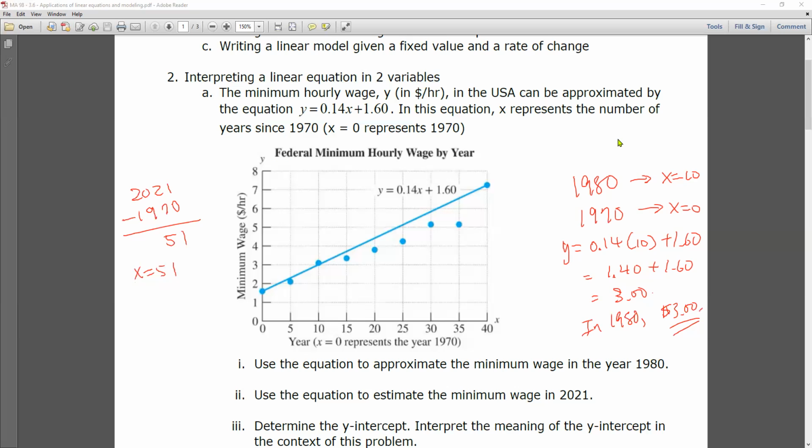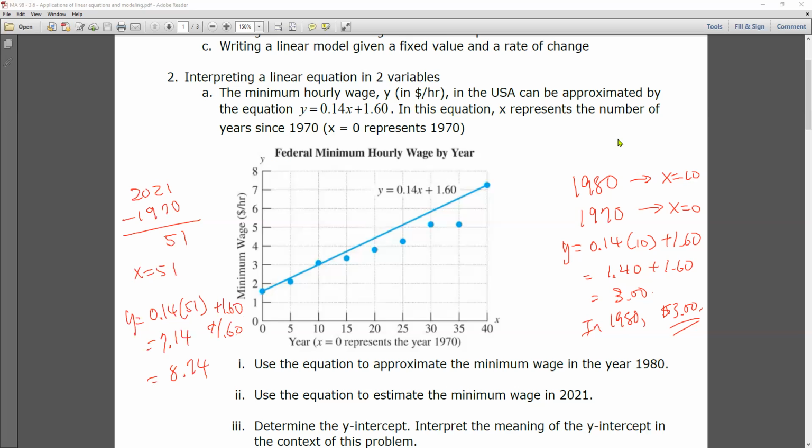So y equals 0.14 times 51 plus 1.60. Again, I don't expect you to do this in your head, so please use a calculator. 0.14 times 51 is 7.14, plus 1.60, and that's going to be 8.74.